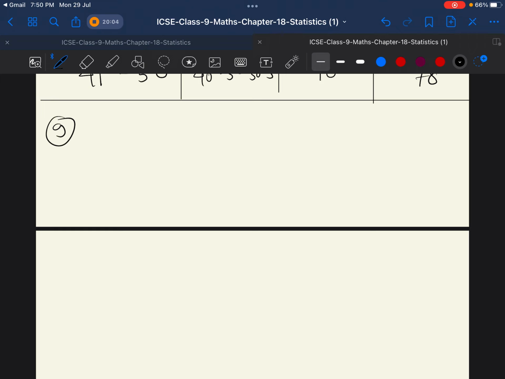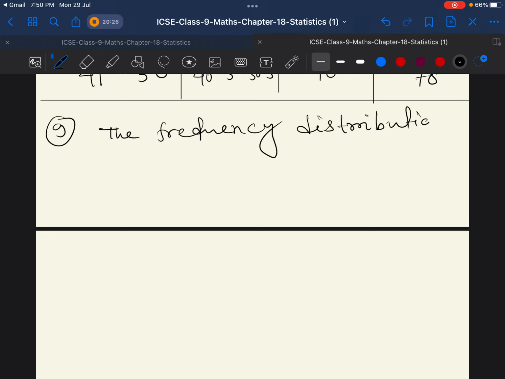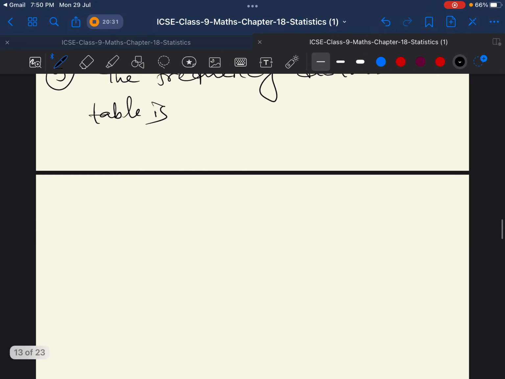Okay, now question number 9. Construct a frequency distribution table from the following cumulative frequency distribution. Okay, so here the frequency distribution table is the class interval.